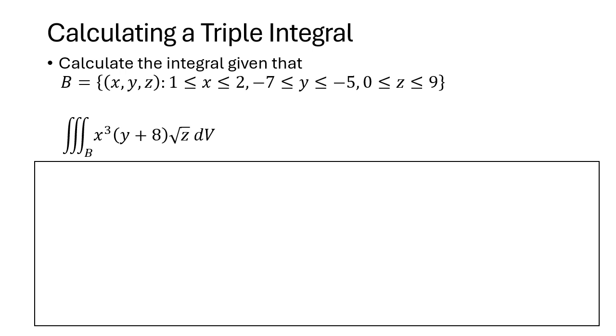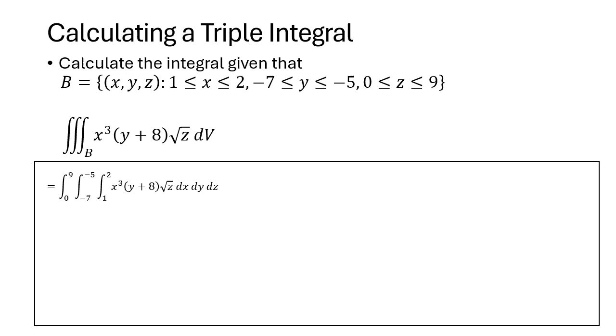In doing this integral, we first of all can place each of the limits for each variable into one of the integrals. So in this case, I am choosing to place the limits for x in the inner integral, then the limits for y in the middle integral, and the limits for z in the outer integral.